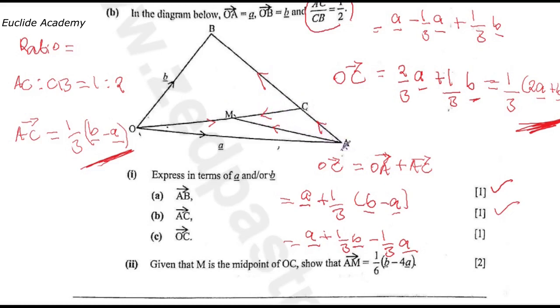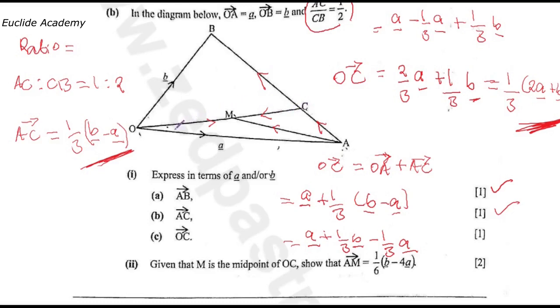But when we look at the vectors, we only have the vector AC, and we don't have the vector CM, but rather we can find the vector MC, which is half of the vector OC. Then we need to flip that vector to give us CM.